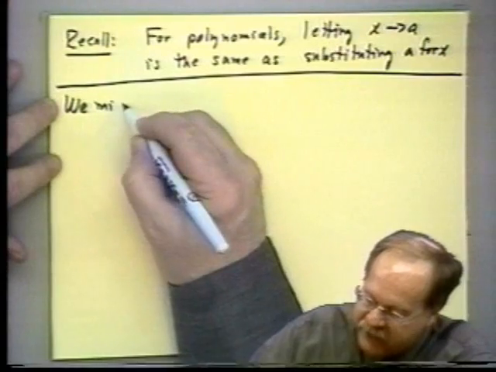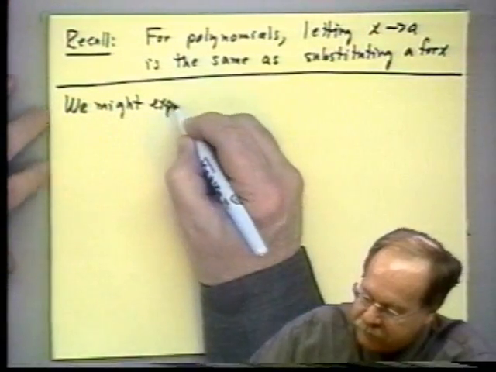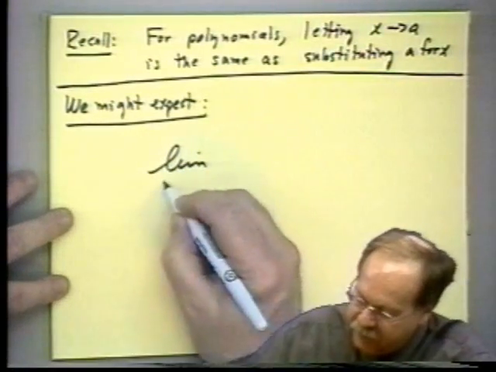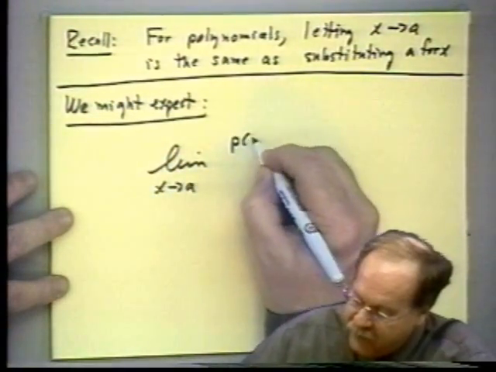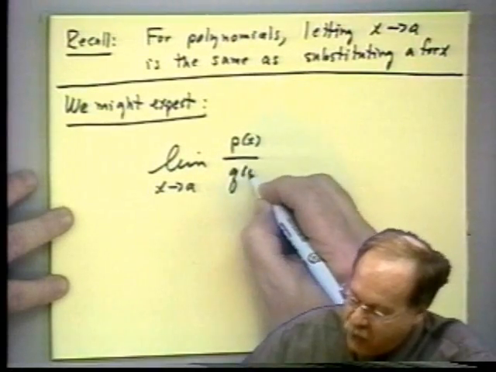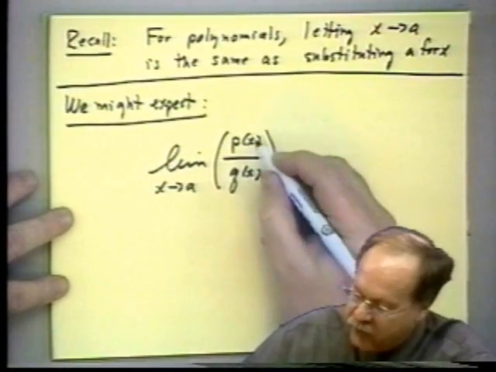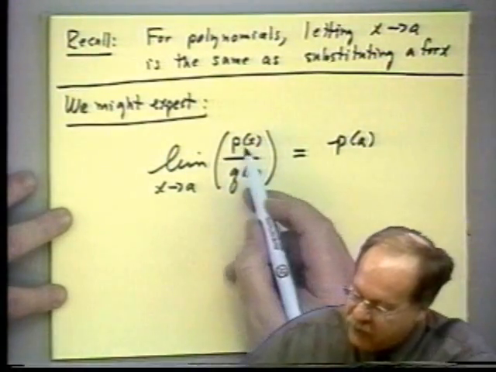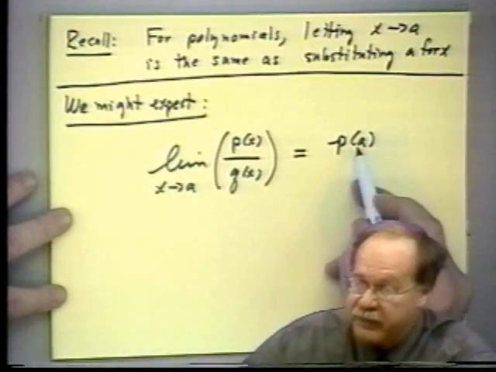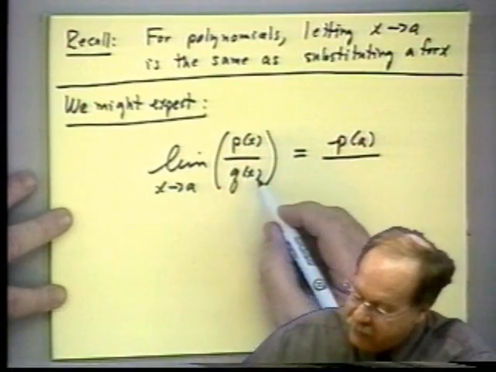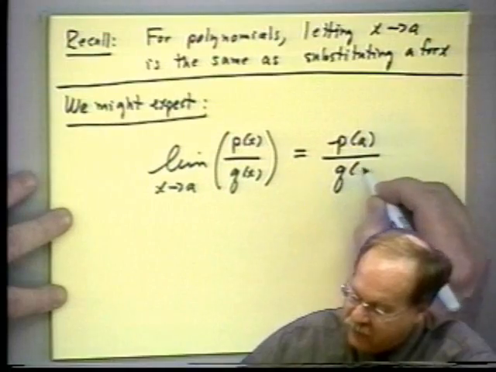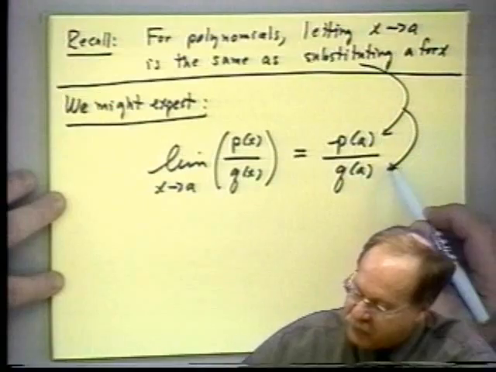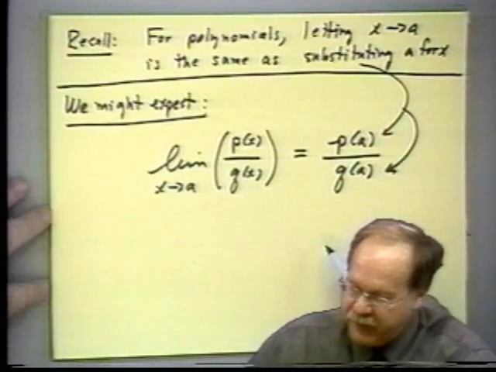With that in mind, we might expect the following. If I take the limit as x approaches a of a rational function p of x over q of x, where p of x and q of x are both polynomials, I would expect to get p of a over q of a, because the limit of p of x as x approaches a is p of a, and the limit of q of x as x approaches a is q of a. So this is what I would expect, because substitution is what's supposed to happen with polynomials.